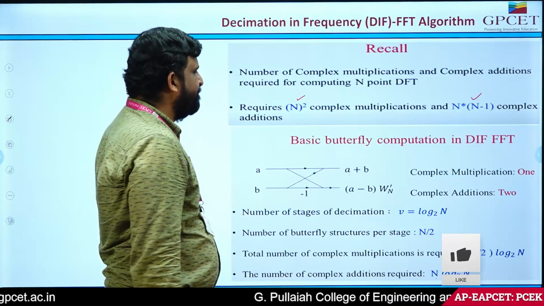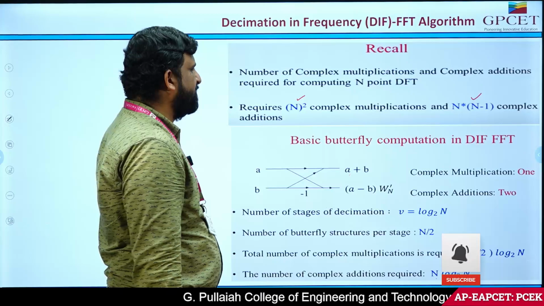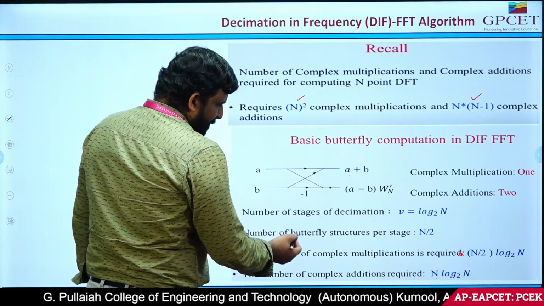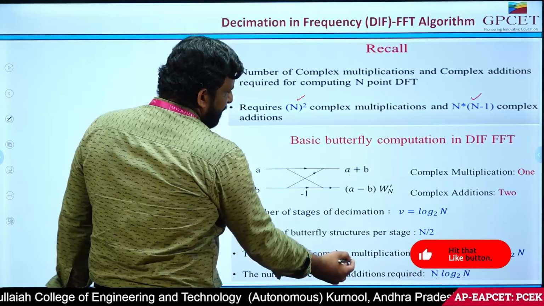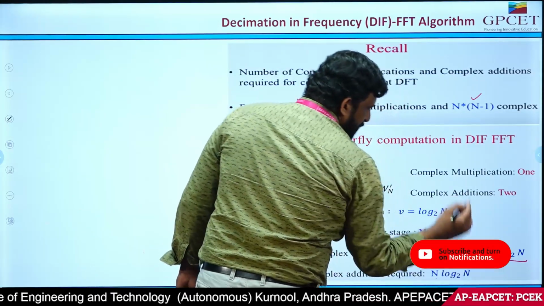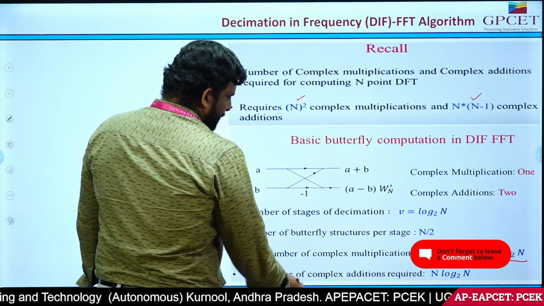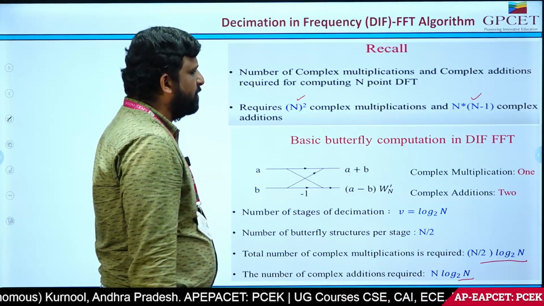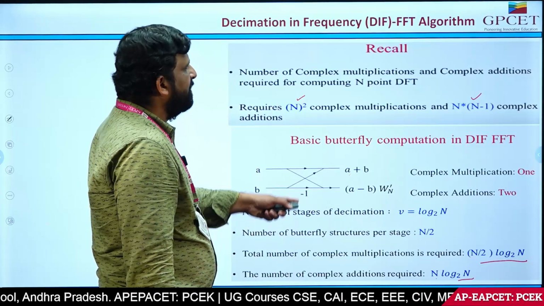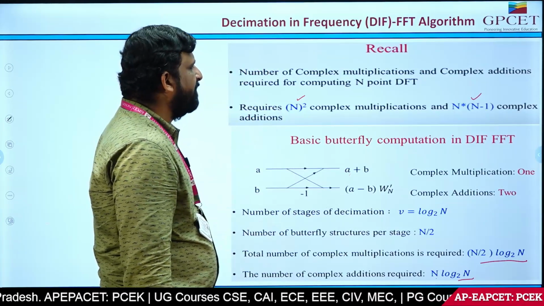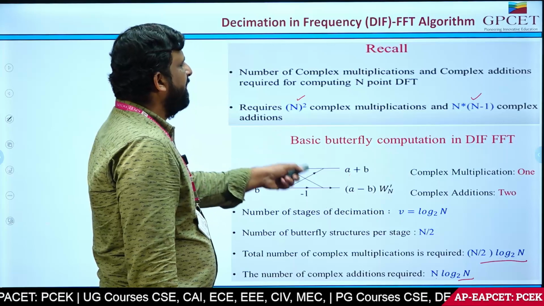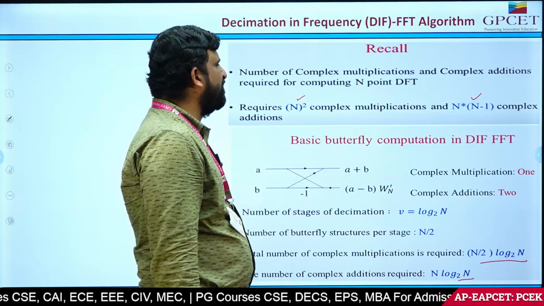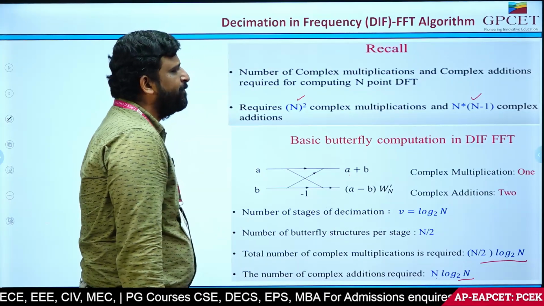Basically by using DIF over DFT, the number of complex multiplications is n by 2 log n base 2, and the number of complex additions required is n log n base 2. So with these computations we can decrease the number of multiplications and additions in DIF when compared with the DFT.